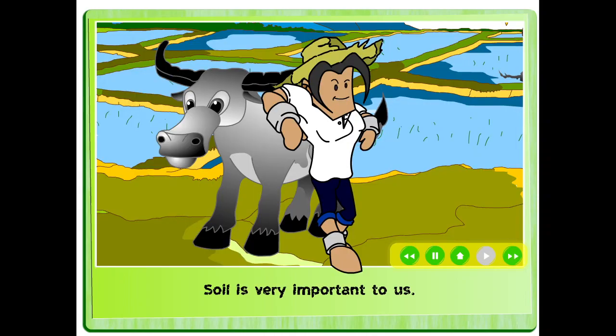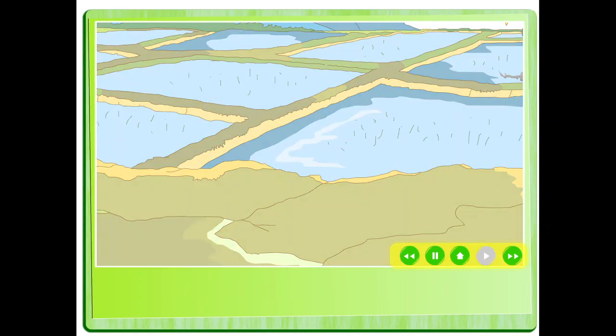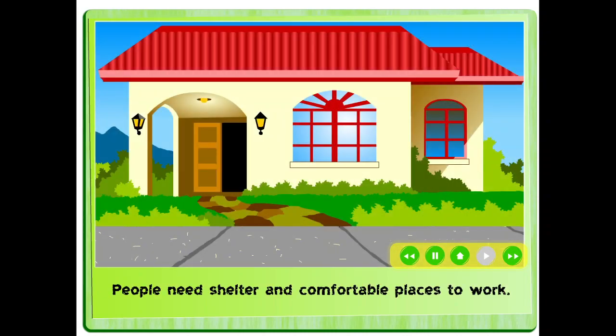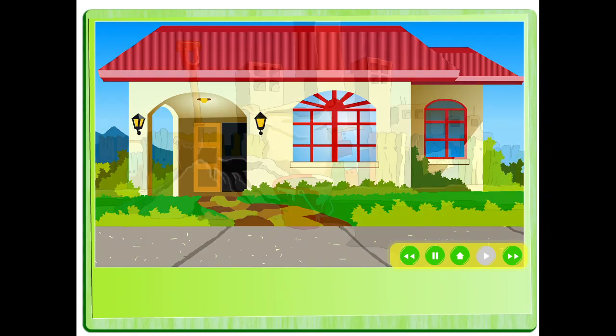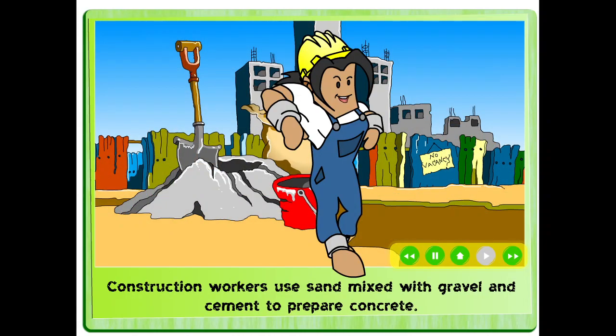Soil is very important to us. Plants serve as food for animals and people. Most plants depend on soil for growth. People need shelter and comfortable places to work. Construction workers use sand mixed with gravel and cement to prepare concrete.